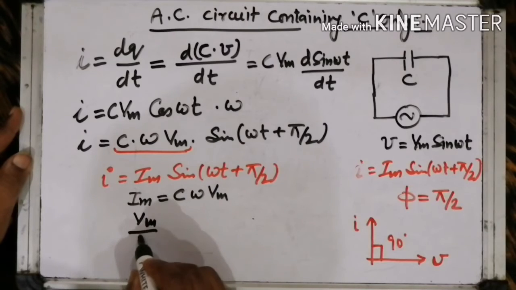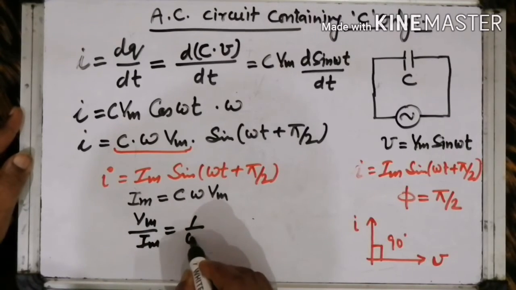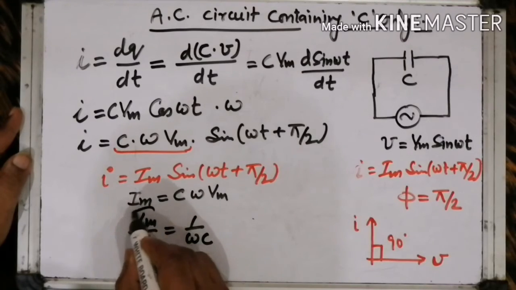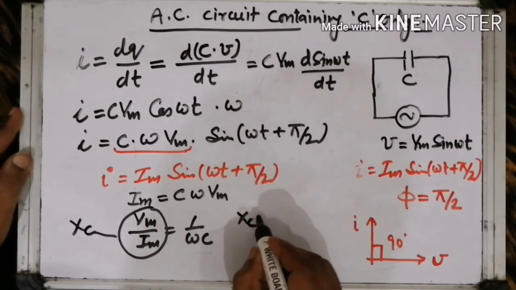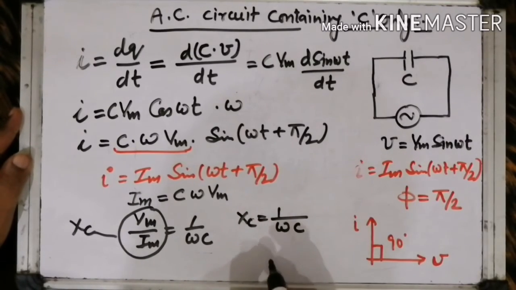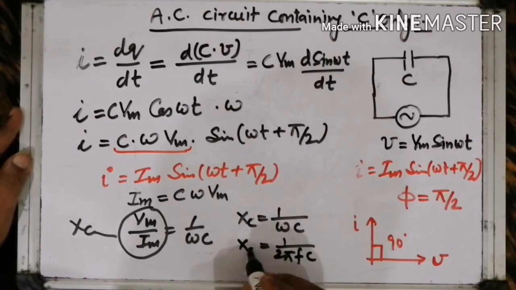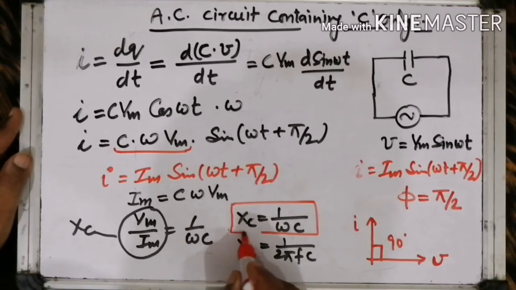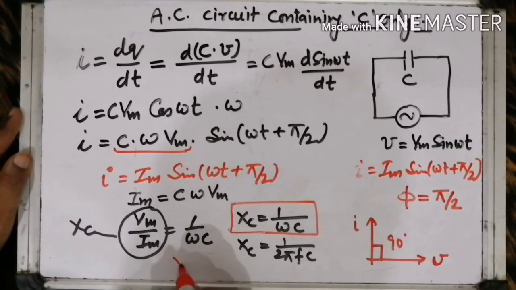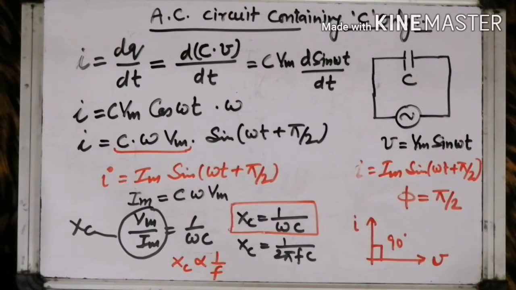V maximum divided by I maximum is 1 upon omega C, right? This one is nothing but XC. So XC is equal to 1 upon omega C, that is 1 upon 2 pi f C. This is the formula for the capacitive reactance, and XC is proportional to 1 upon frequency.